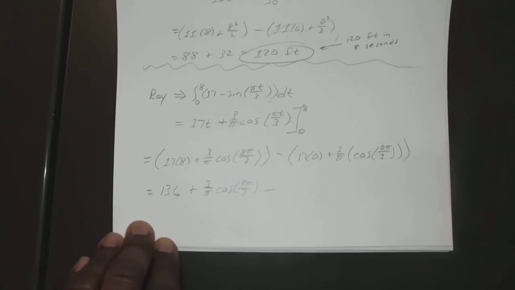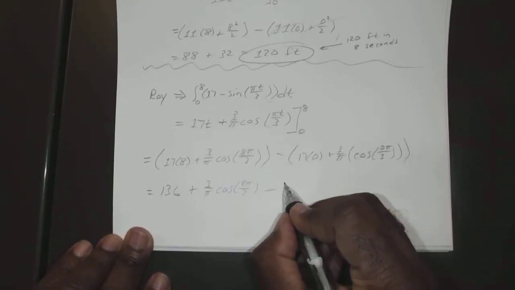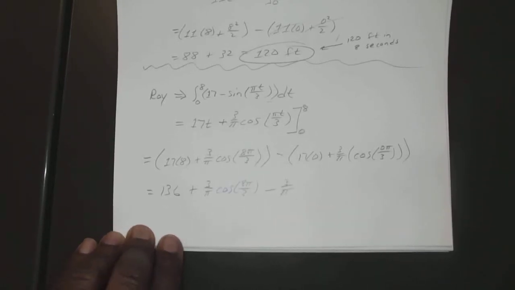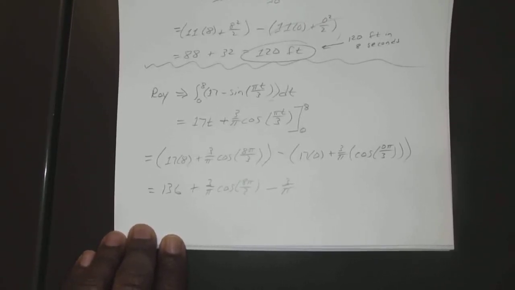Let me make sure. Yep, that should be minus 3 over pi. I don't know why I put that there. Let me change that now. I think that was just an error on my part.